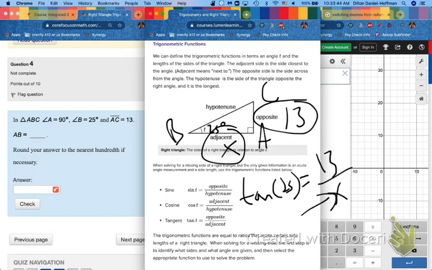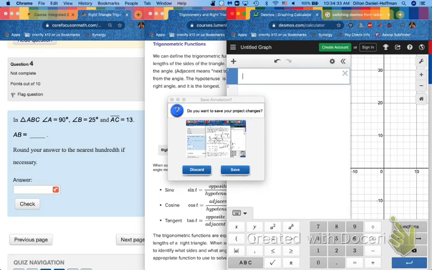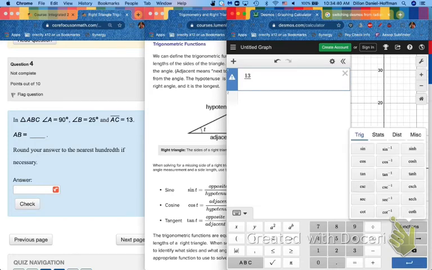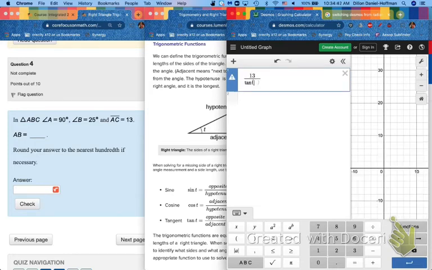X is in the bottom again, so it is being divided by. So we're going to do 13 divided by the tan of 25. 3, 2, 1, close. This is the part again if you're zoning out. Type your AC divided by the tan of your angle B. 27.878. The 8 is 5 or above, so we round it up to 27.88.